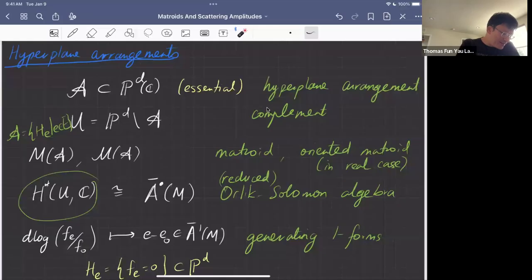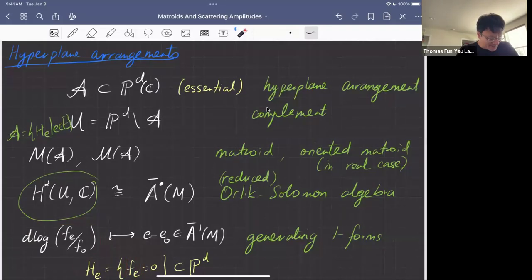What are the generators of this ring, or similarly, what are the generators of this cohomology? It's a result of Brieskorn, and I guess Arnold in the M0n case, that the de Rham cohomology of U is generated by some particular one-forms.